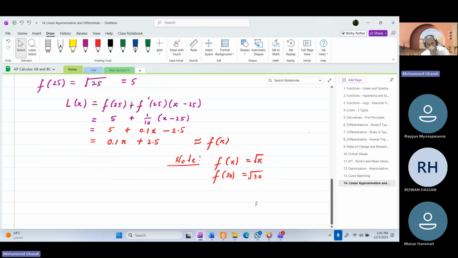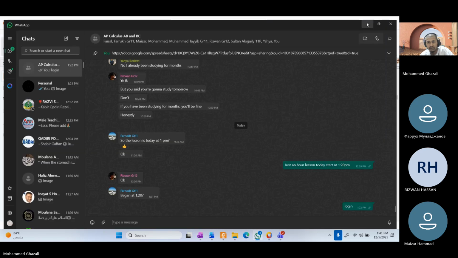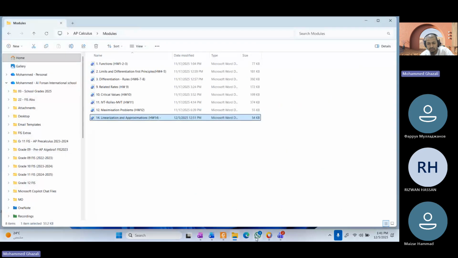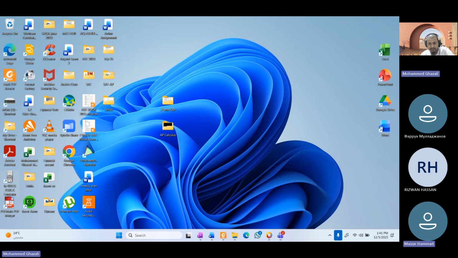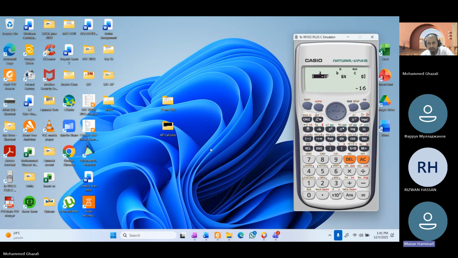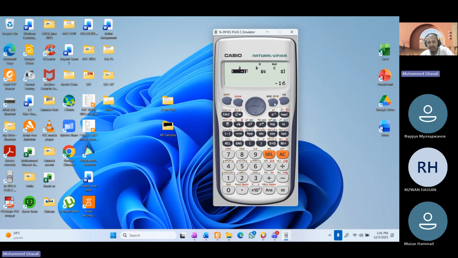Now, if you're going to work out the actual value of square root of 30, you can check it out using the calculator. Mr. Ghazali, you can check it out. Yes, is the answer 5.5? Wait, we're coming there. I need to estimate. So let's see, square root of 30. What's the actual answer? The actual answer is 5.477.